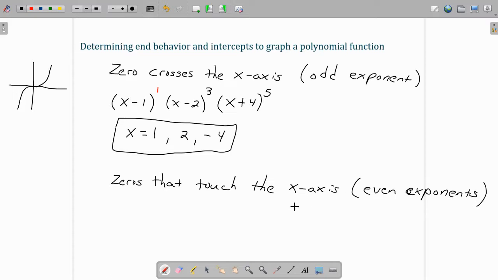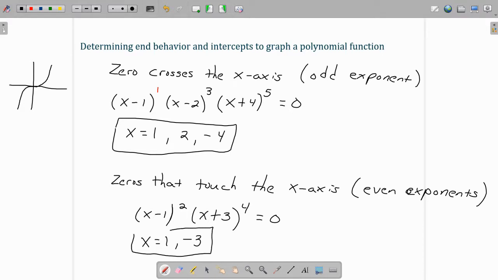So if you had x minus 1 squared, x plus 3 to the fourth, and this would be equals 0, or y equals, and you're putting in 0 for y, you get x equals 1, you get negative 3. So when we have even powers, it touches the x-axis.